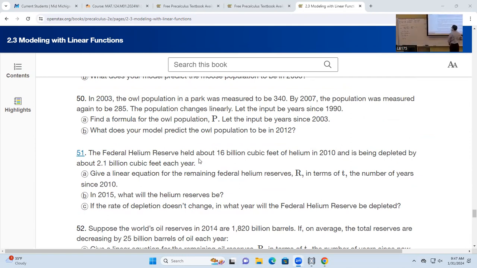And to give you lots and lots of examples of this, I want to just highlight number 50 here.